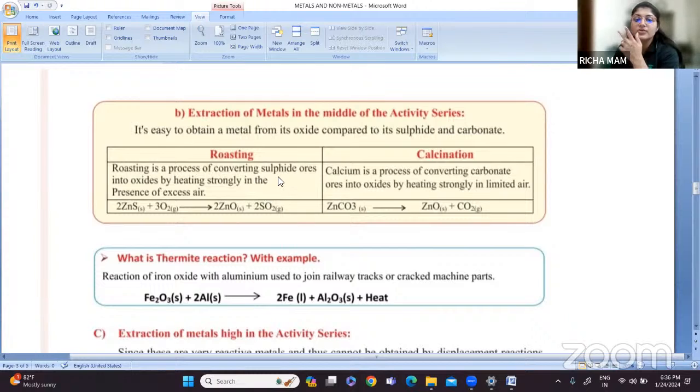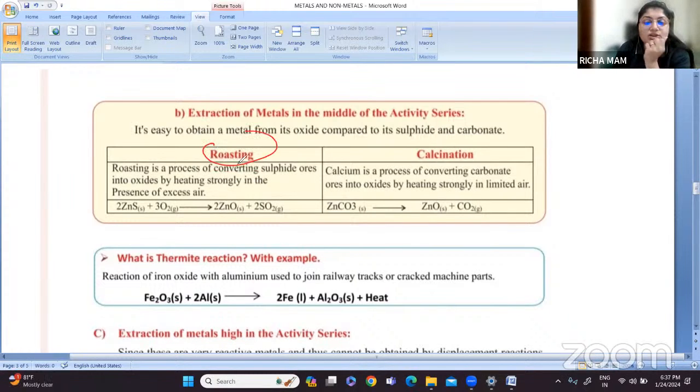So there are two processes for conversion of ores into oxides. The first is called roasting, wherein we are converting the sulfide ores into oxides by heating strongly in the presence of excess of air. So whenever you have sulfide ores and you supply more heat in the presence of air, the sulfide ore is converted into oxide.